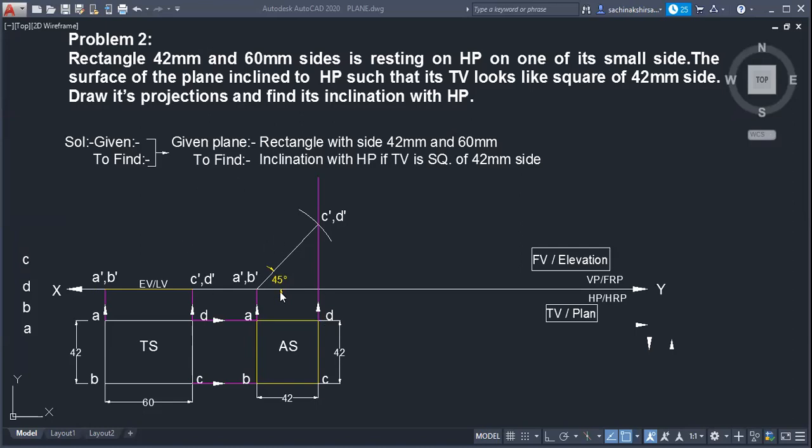So that is the answer. Anybody got 46? 46 is also correct, no issue. Even 47, no issue. So that is the inclination. You can write one line below: inclination of plane with HP is 45, or 46, 44 also okay.